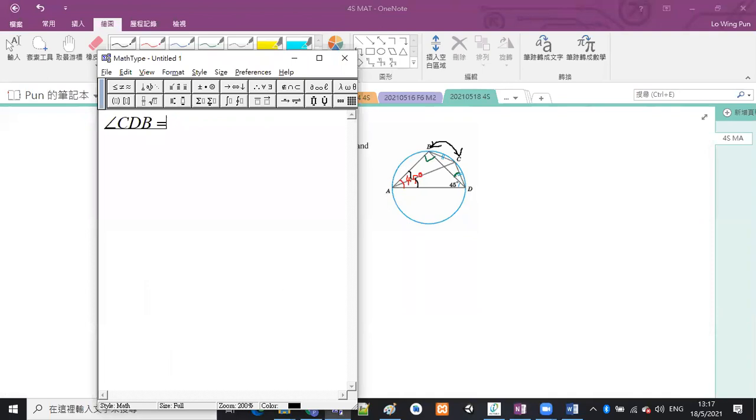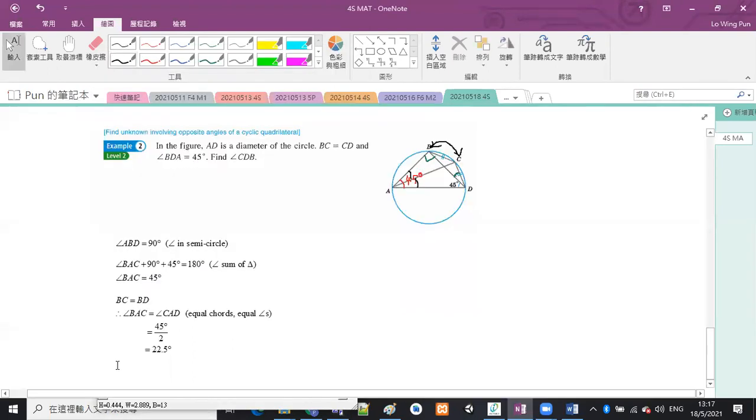So angle CDB should be equal to angle CAB, and this is angles in the same segments. So both of them are equal to 22.5 degrees, and that is the required angle.